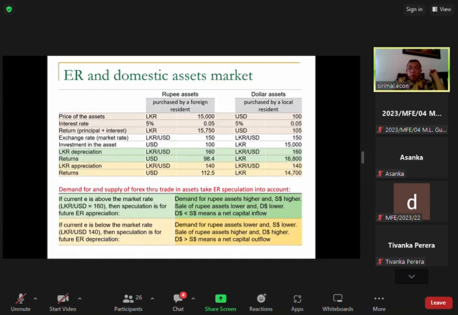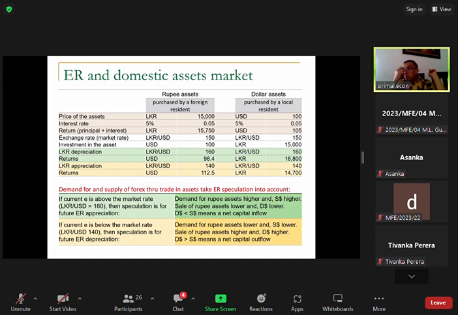Now I talked about the current account transactions. I also mentioned the balance of payments consists of capital and financial account transactions. So for financial account transactions, the typical ups and downs are with respect to exchange rate depreciation and appreciation.